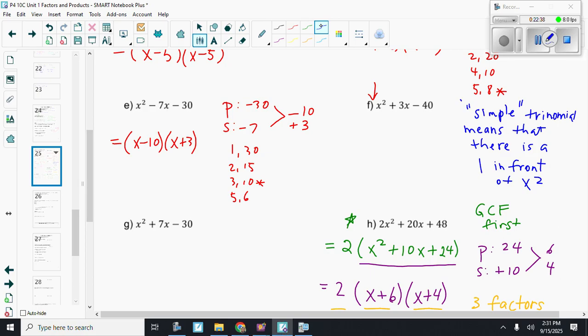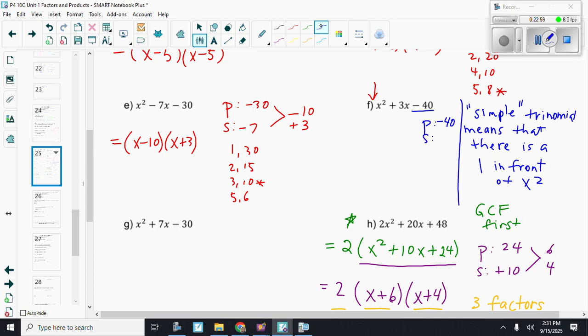When we have a simple trinomial, we can do the product sum method in order to figure out what our factors are. We said, what are two numbers that multiply to give me that final number? So our product is negative 40.